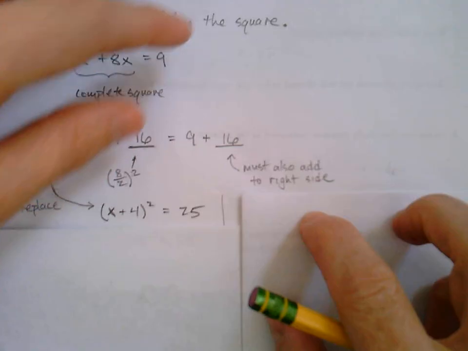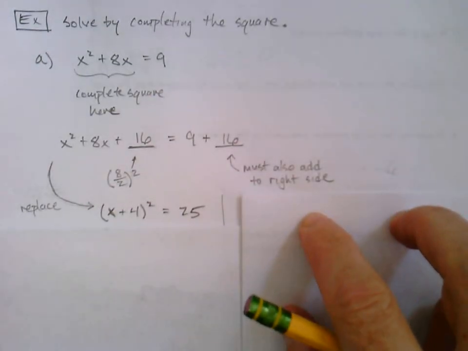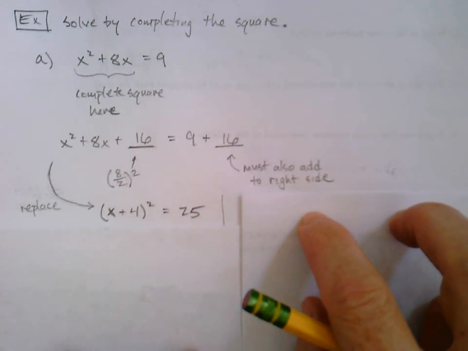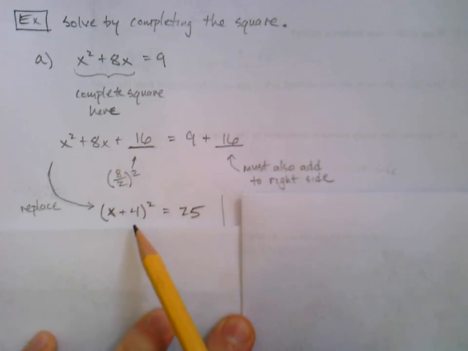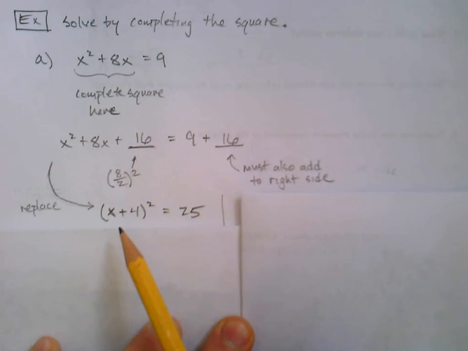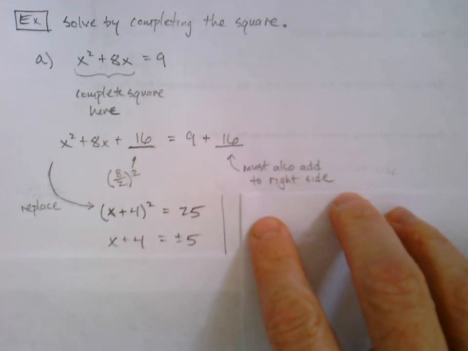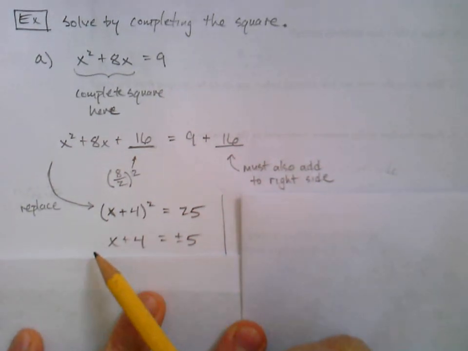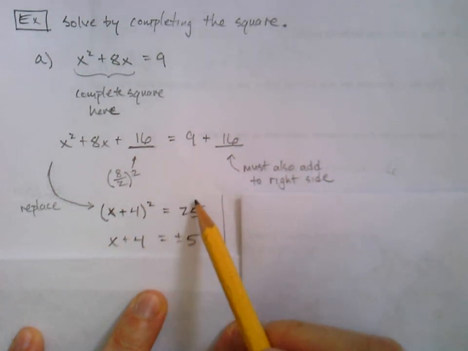Whoa, got a little breeze happening. So where do we go from here? Once we have this line, you think, oh, wait a second. This is the sort of situation we saw back in 9.1. We can take the square root of both sides. And I haven't shown it, but if we take the square root of the left, it will cancel this. If we take the square root of the right side, we get 5.